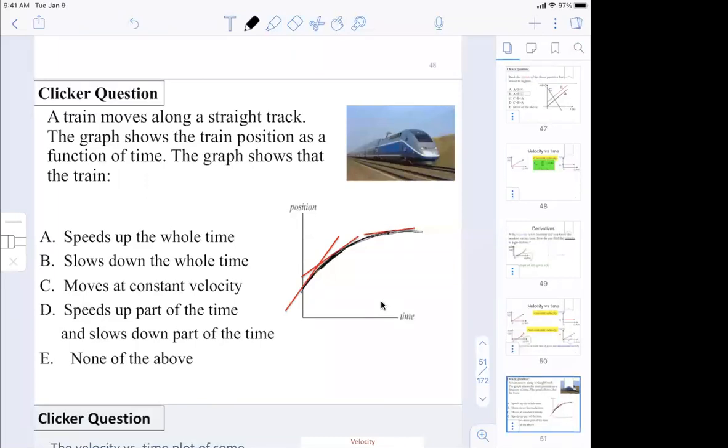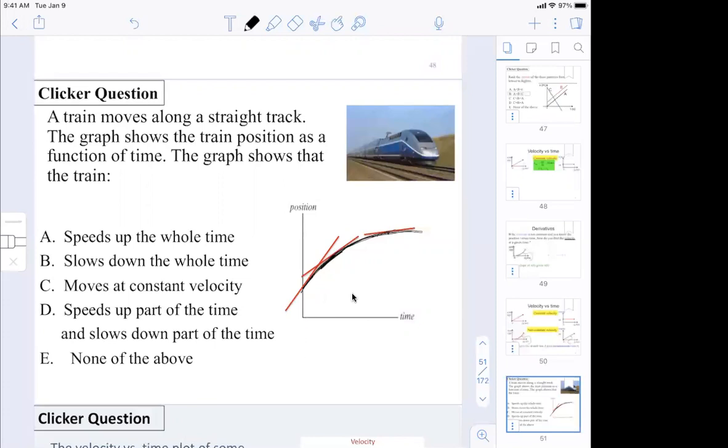Okay, any last minute vote? Let's go for 10 more seconds. All right, if there's no last minute vote, let's take a look at this together. I'm going to end the poll.